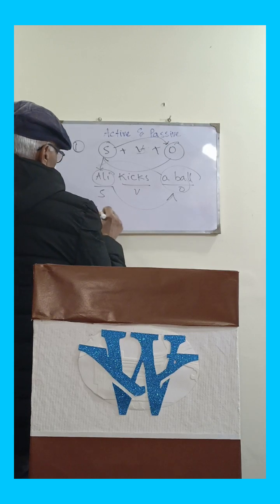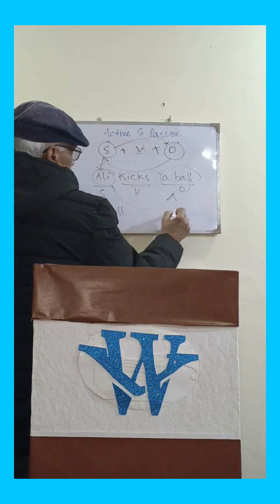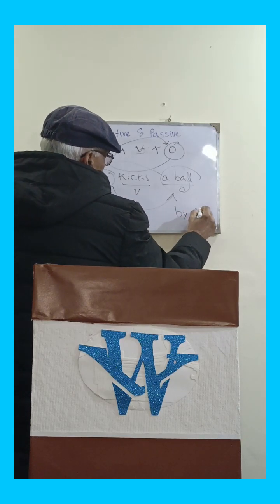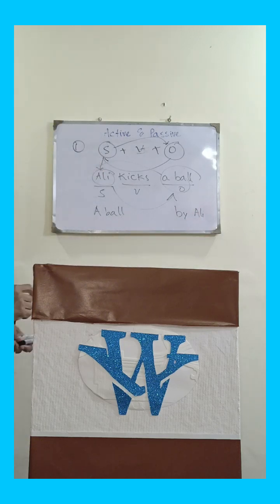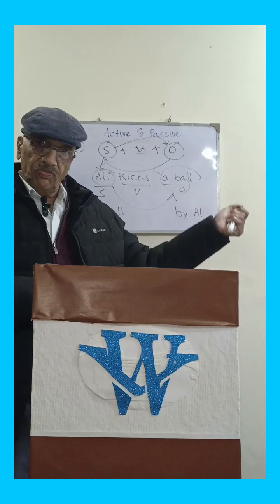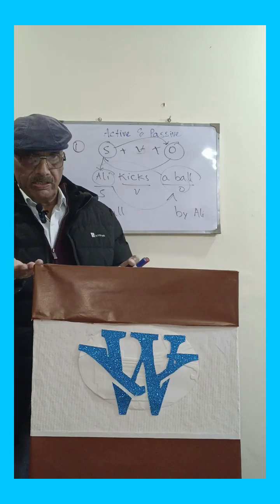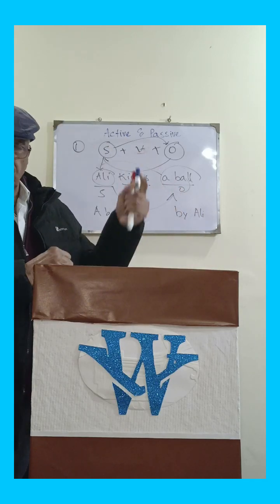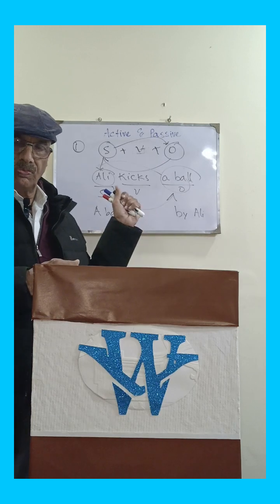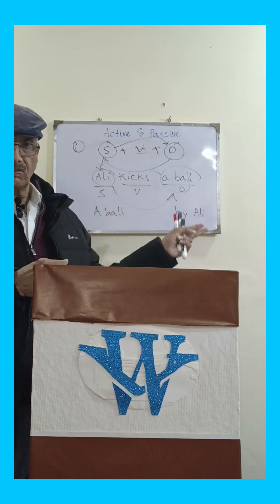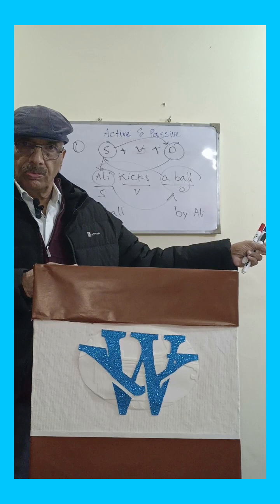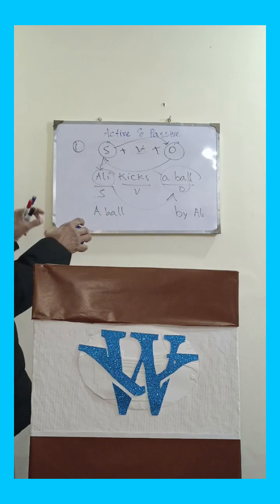For example, a ball here and here by Ali. Now, this is the first thing you need to do for every passive voice. You need to bring the object at the place of subject, and subject will go to the place of object.